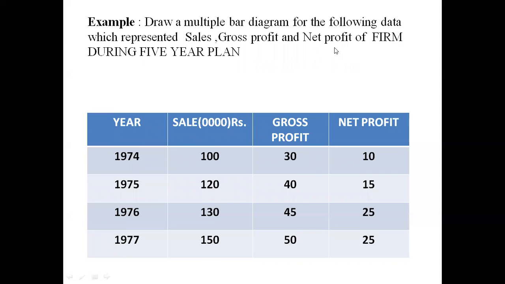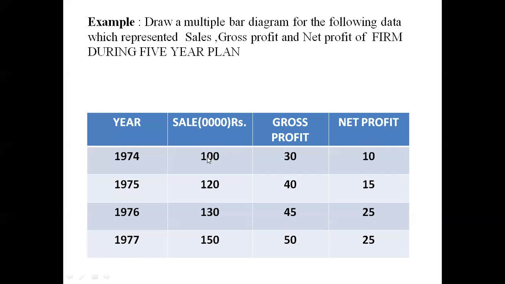So during the 5 years plan, we have to show how much the sales of a company is, how much gross profit, how much net profit. That is for how many years? 74, 75, 76, that is the 5 years plan period. So the graph of what the sales were in 74 through 77.